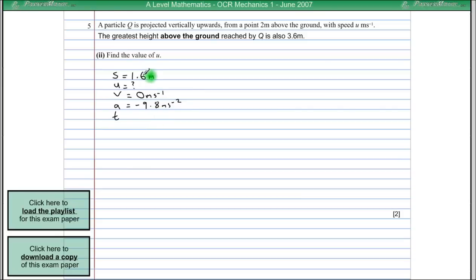So this time we know S, V and A, and we're trying to find U, so we can use the same equation again. We can say that V squared equals U squared plus 2AS, and V again is going to be 0, U squared we don't yet know. Remember, acceleration is negative again, so it's minus 2 times 9.8 times 1.6.